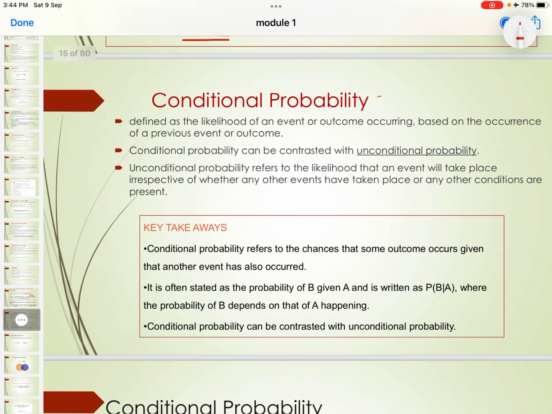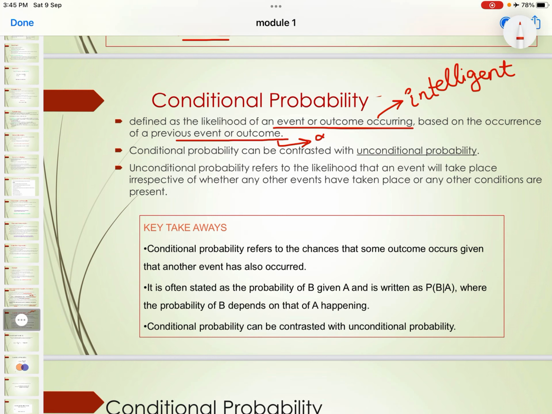So, conditional probability is defined as the likelihood of an event or outcome occurring based on the occurrence of a previous event or outcome. So, the likelihood of a person being intelligent based on the occurrence of a previous event or outcome.